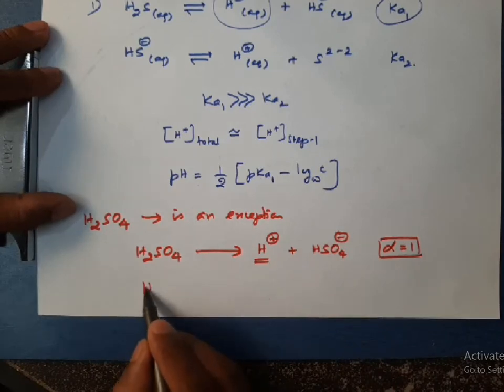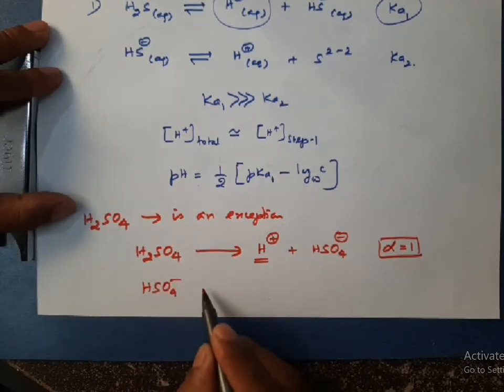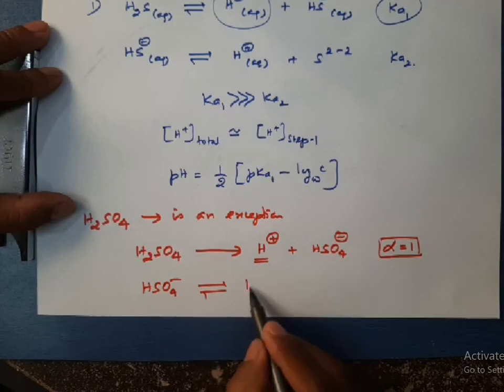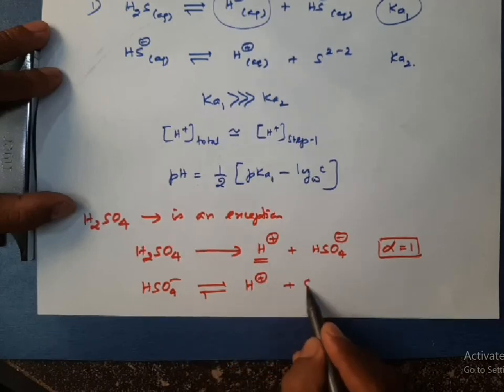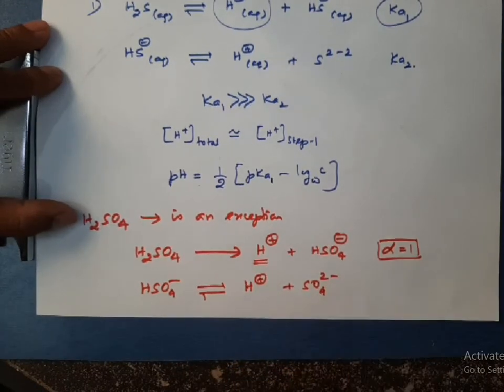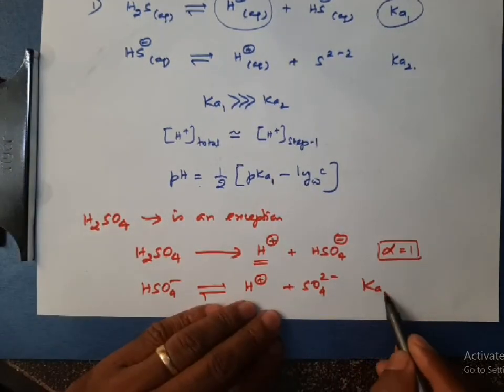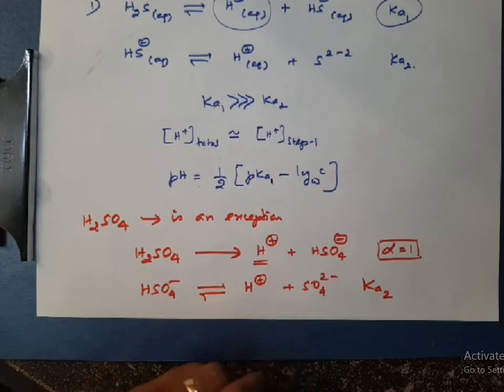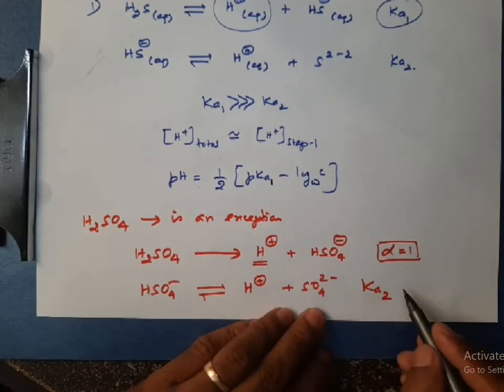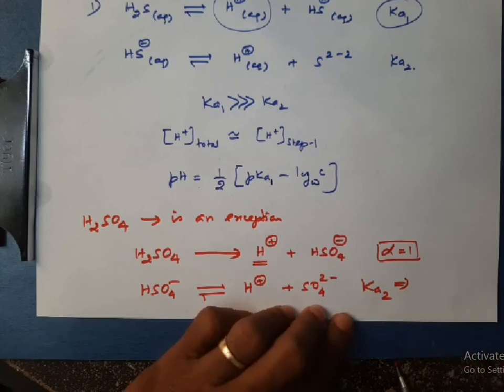Then if you see the second step, HSO4 minus ion will undergo partial ionization and give H plus and SO4 2 minus. For this step, the ionization constant, let me write it as Ka2, is very high. It is not negligible.